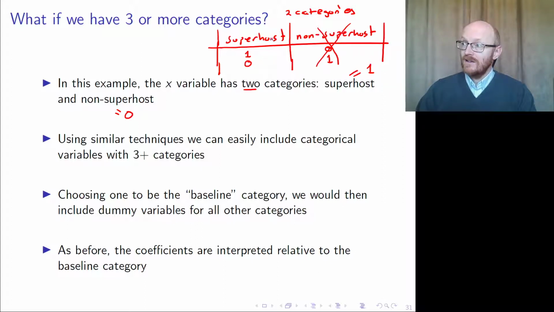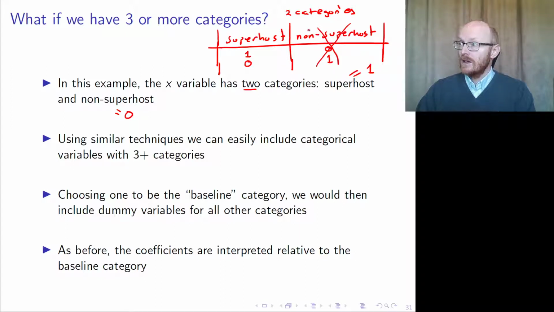These are perfectly collinear: when superhost is 1, non-superhost is 0, and when superhost is 0, non-superhost has to be 1. So they are perfectly collinear with a correlation of -1.